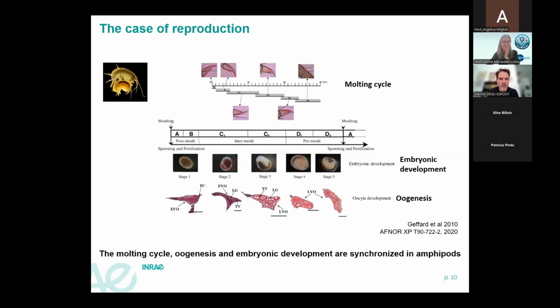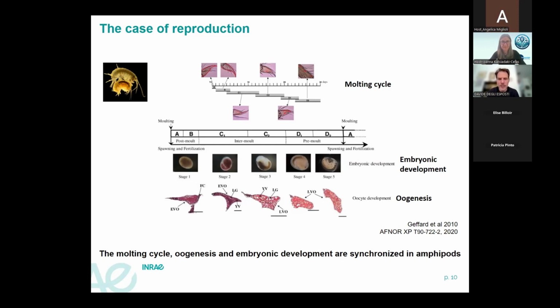The amphipods are, let's say, a beautiful framework to work with, because their reproductive cycles, the reproductive cycles of the females in particular, are synchronized with the molting cycle, and embryonic development follows relatively independently, but the molting cycle of the female in the marsupium.